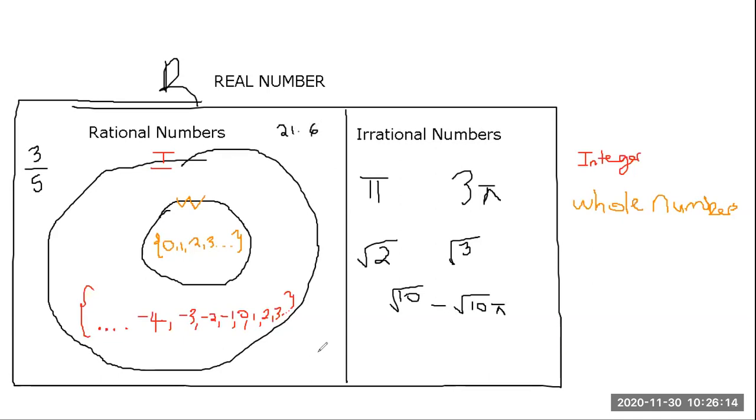That's one. 3.56. That's a rational number. Okay, 2/3. We're talking about all those fractions and decimals that aren't necessarily integers or whole numbers. They could be negative as well. So we have -2/3. That's a rational number.